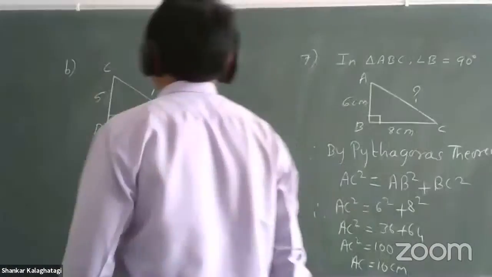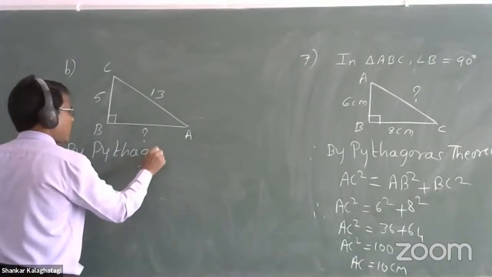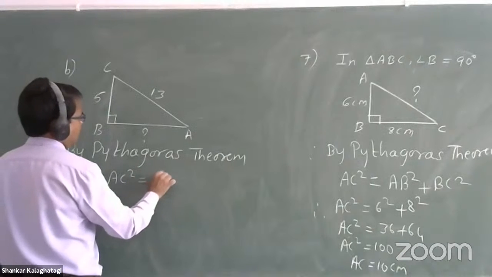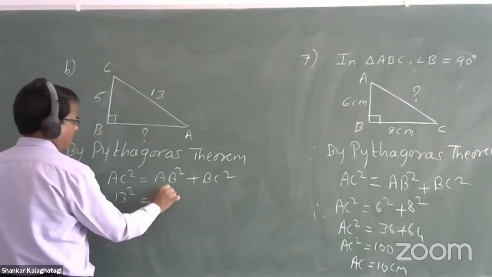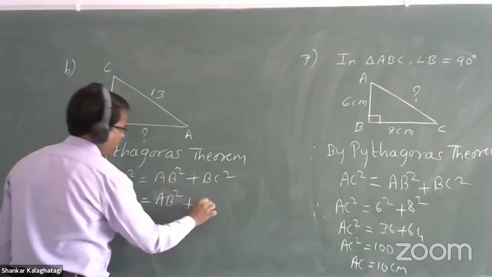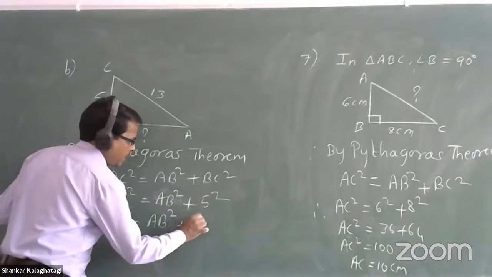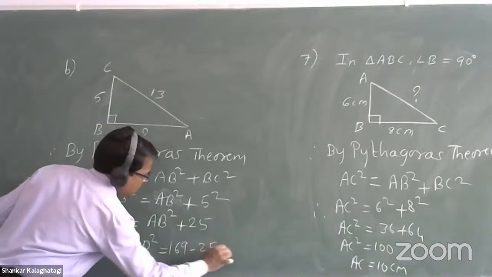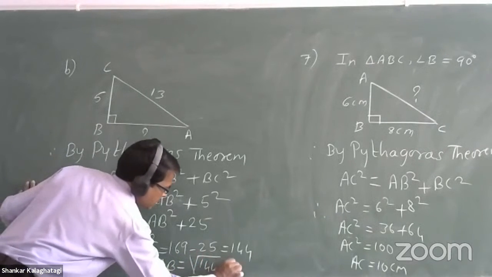Again by Pythagoras theorem, AC square equals AB square plus BC square. 13 square is 169, equal to AB square plus 5 square, which is 25. So AB square equals 169 minus 25, that is 144. So AB equals square root of 144, which is 12 centimeter.